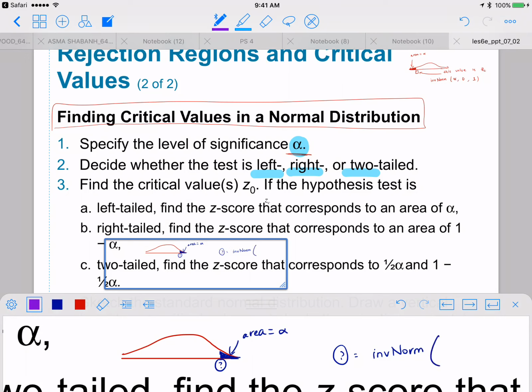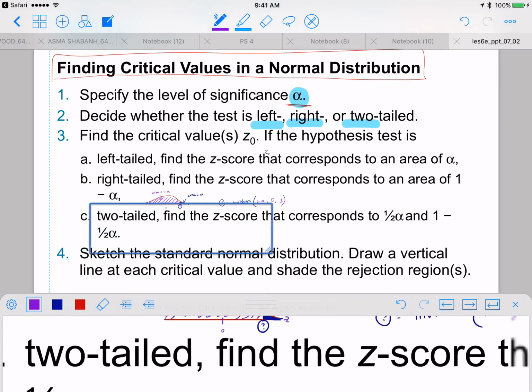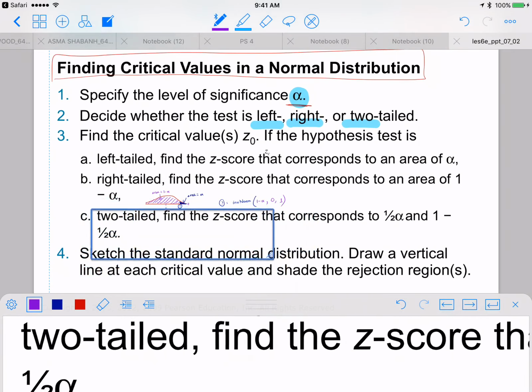But remember, inverse norm only takes into account cumulative area. So the cumulative area, which is the area to the left, is going to be 1 minus alpha. So we put in 1 minus alpha as our area, 0 as our mean, and 1 as our standard deviation, because this is still a z distribution.